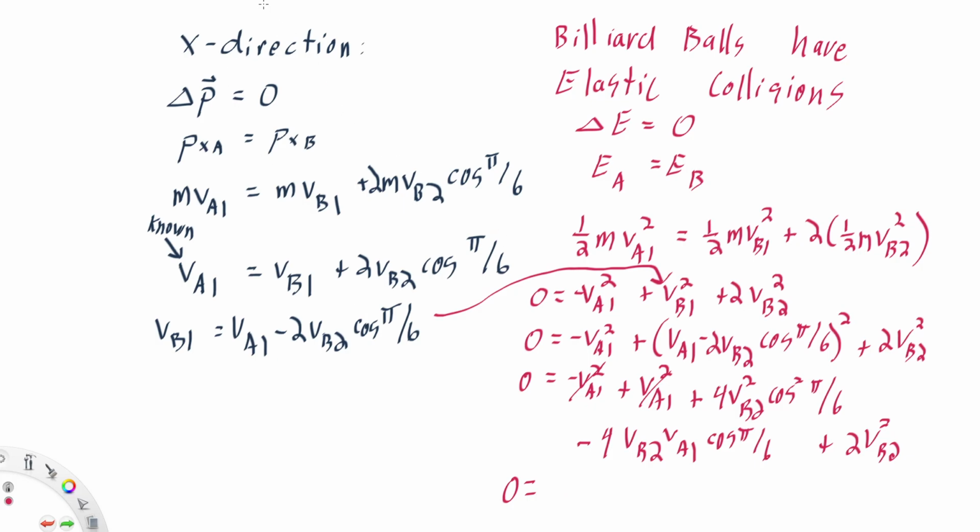But we're going to collect these. We have two terms with a VB2 squared in them. I'm going to go ahead and factor that out. So VB2 squared times 2 plus 4 cosine squared pi over 6, minus VB2, right, minus this linear term.